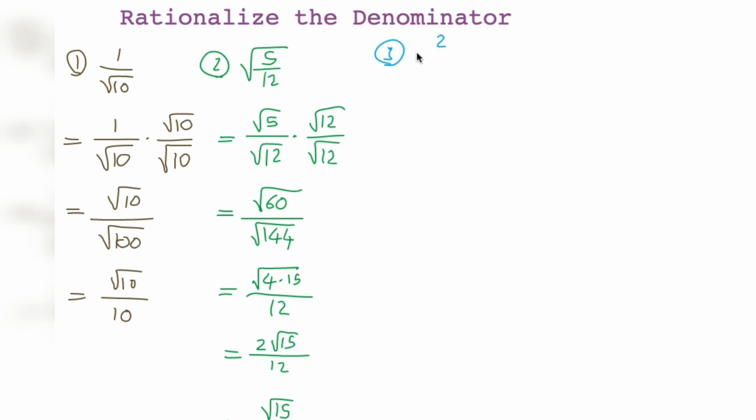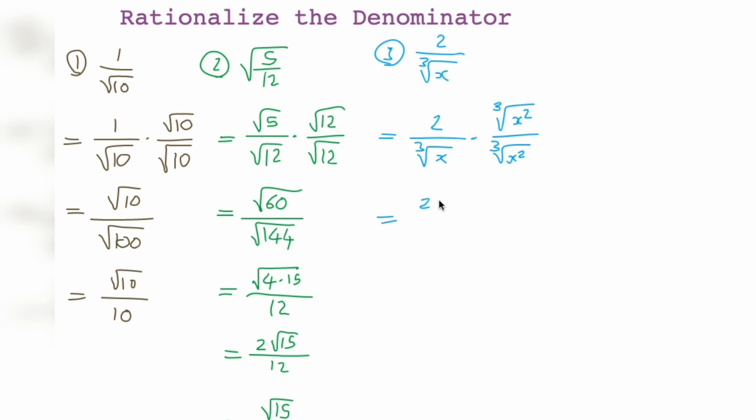Here 2 upon cube root x. Here it is 1/3 power. So we want here x cube, but here only 1, so we want 2 more. So x square. We have to multiply 1/3 power x square.